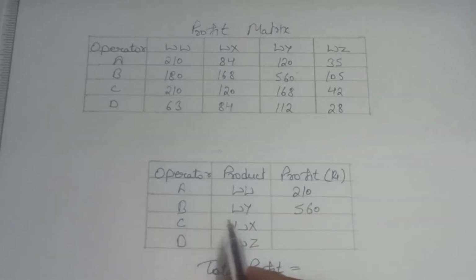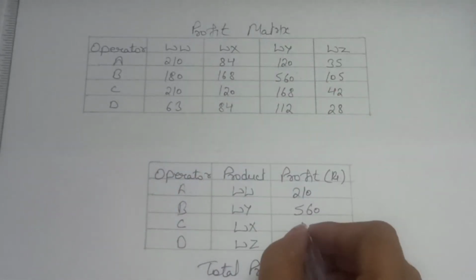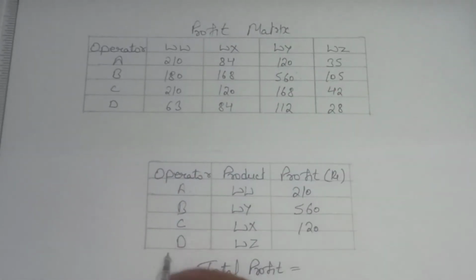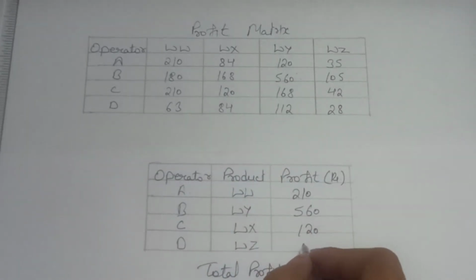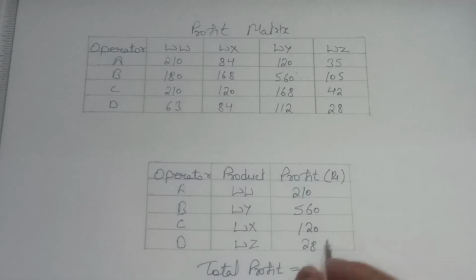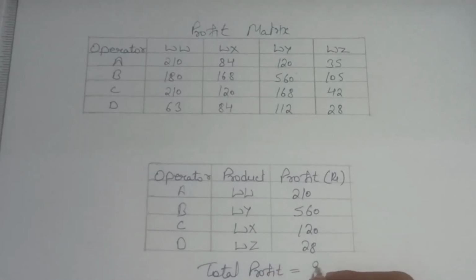For C operator and WX product, profit is 120. For D operator and this product, profit is 28. So you can see we have calculated its profit. Now we can say 210 plus 560 plus 120 plus 28. Our total profit will be 918.